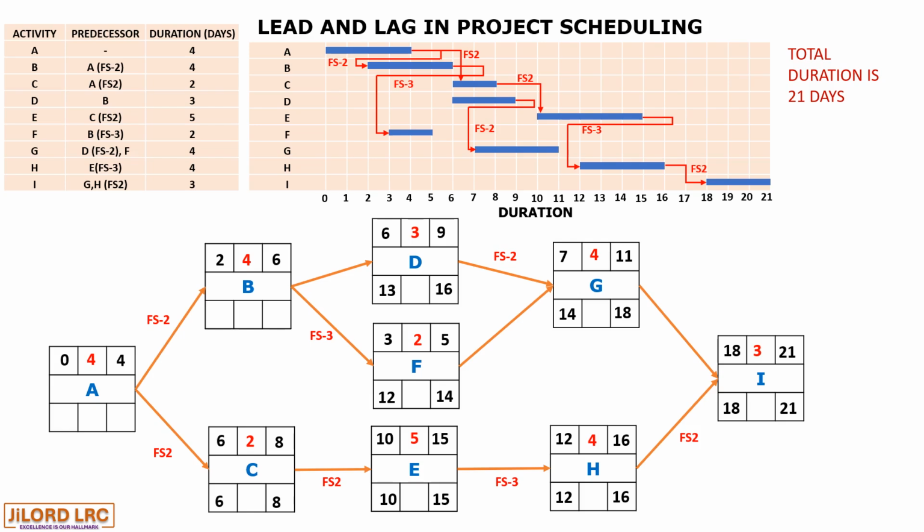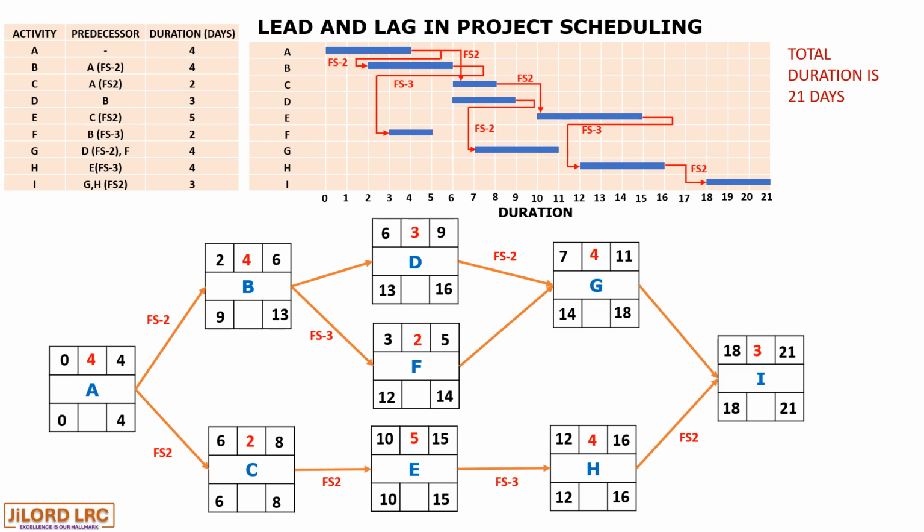And for activity B, between D and F, the relationship between B and F is a lead, which requires that 3 will be added to 12 to make 15, and D has 13. So we choose the lowest, which is 13, and 13 minus 4 becomes 9. Now the least will be chosen to get to activity A. Where there is a lag, you add.